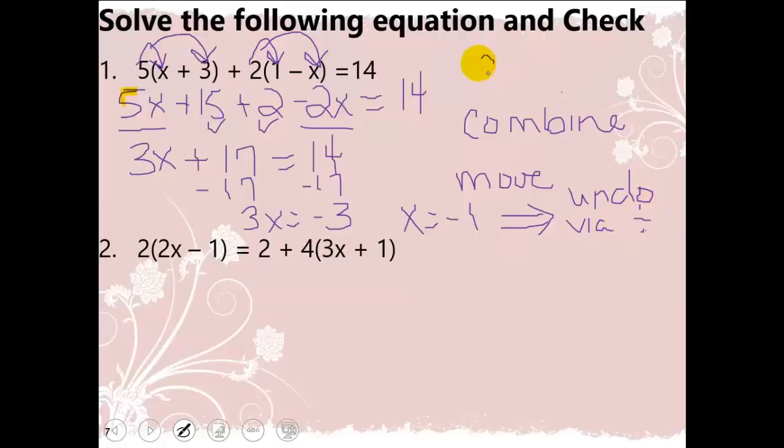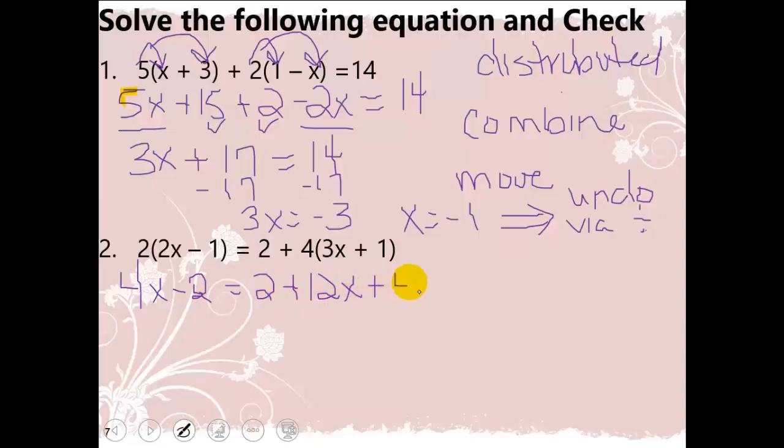So here I distributed, then I combined, then I moved, then I undid. Okay? So go ahead, hit pause, try number 2, and see what you get. All right, I'm going to distribute. 4x minus 2 is equal to 2 plus 12x plus 4.